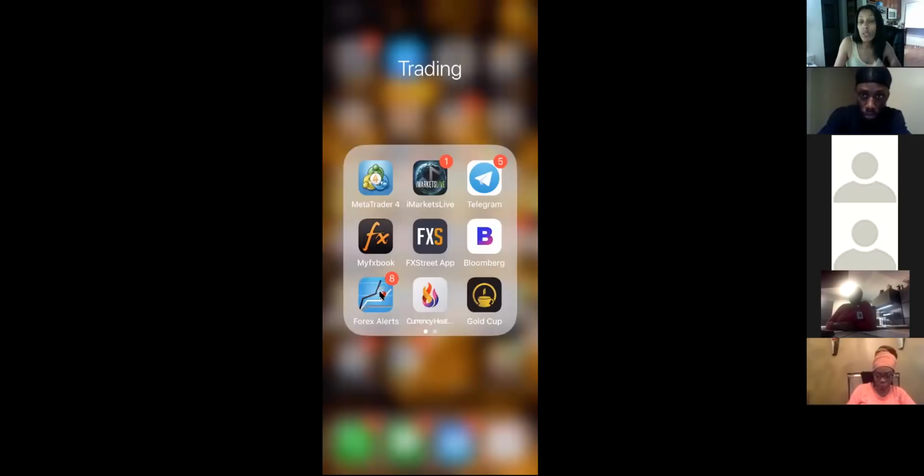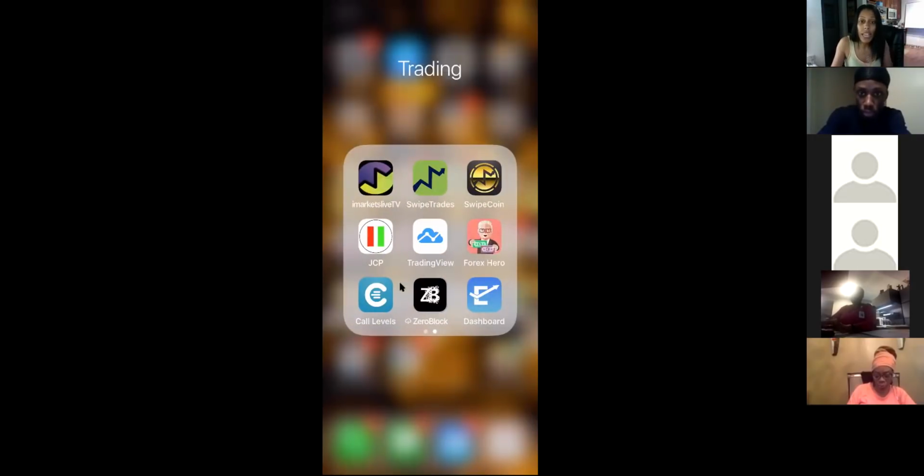Forex Alerts is the main tool that I use at this point, but Forex Alerts is a paid app. I think it's like $3 or $4. You can get Forex Alerts if you want to, but to make things simple, Call Levels is a free one right here, okay? That's what it looks like. You can download it from your app store, whether you're Android, whatever that market is, or App Store, iTunes, okay?